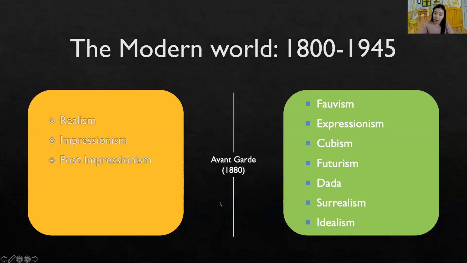Before the avant-garde, there were realism, impressionism, and post-impressionism, but these art movements were still based on observation. However, after avant-garde, non-representational art movements arose because representational art was not meaningful anymore. We learned many art movements like this.